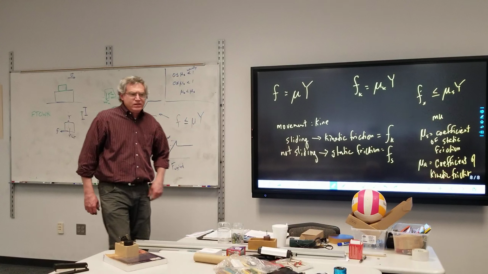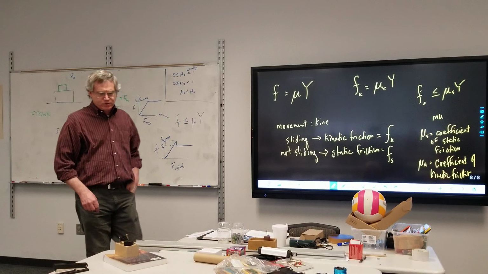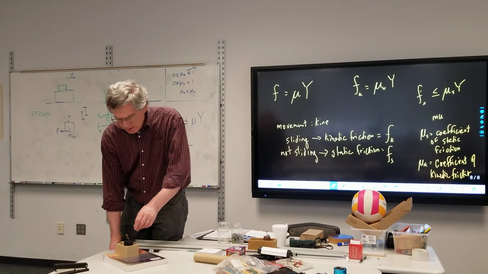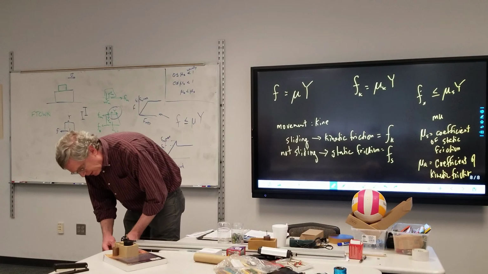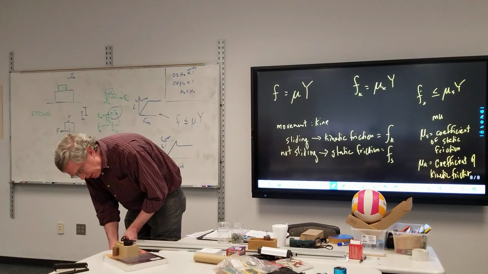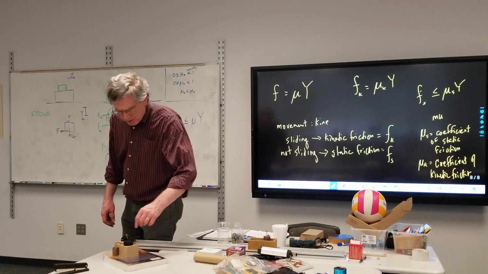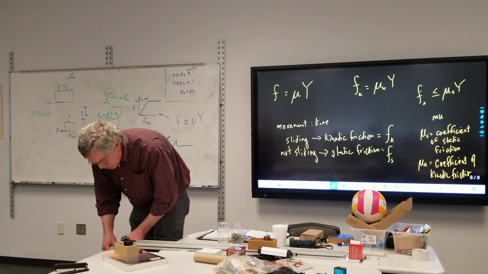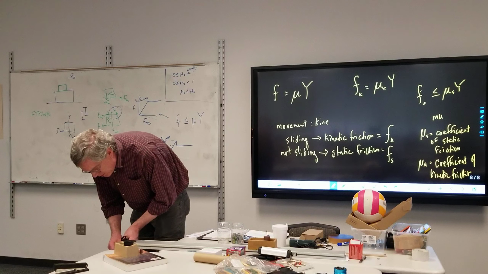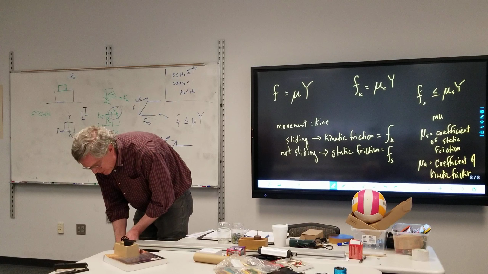All right, so I need to see how much force is required, or how much mass is required, in order to get that to start sliding. So I've got 70 grams on the end there. Let's add a 200, see if that is enough. 200 is definitely enough.